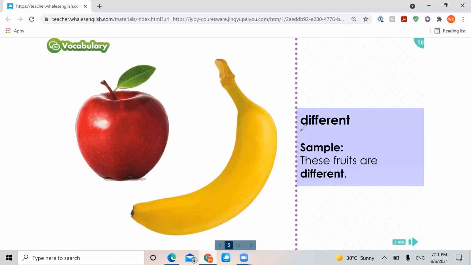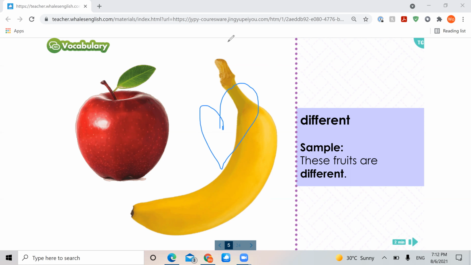Let's take our next word for today. Different. Repeat after me. Different. One more time. Different. Do you know what fruit this is? That's right, it's an apple. Do you know what fruit this is? That's right, it's a banana. I love bananas.